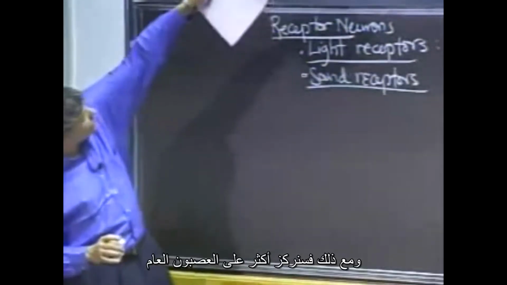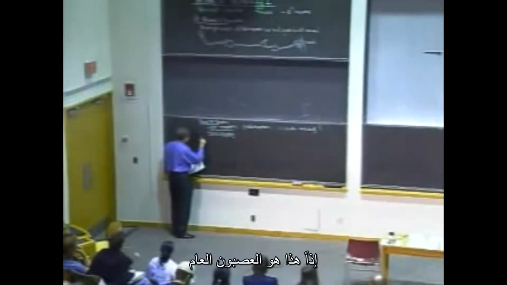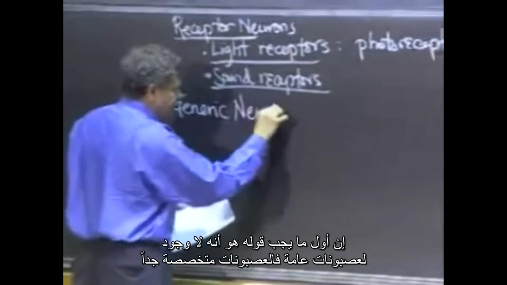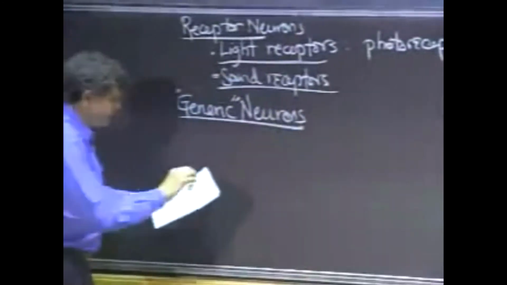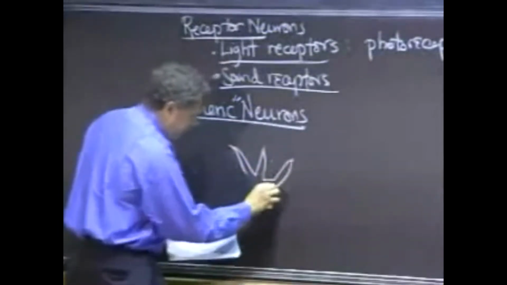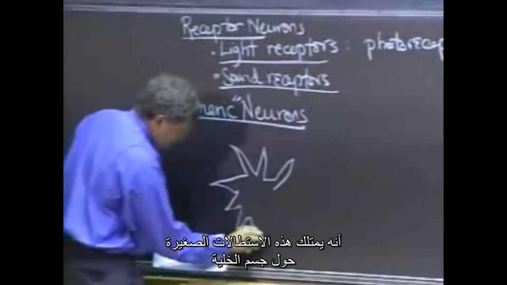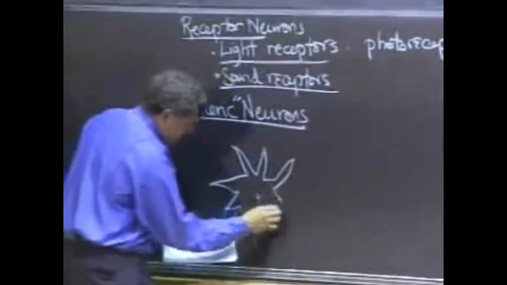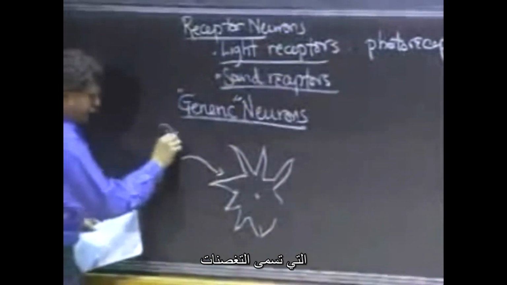We're going to focus, though, more on this intermediate step here of a generic neuron. So here's my generic neuron, and the first thing that has to be said is there are no generic neurons. Neurons are all very specific, but I'm going to just use a generic neuron for the moment. And the important features of a generic neuron here, it has these funny little processes on its cell body that are called dendrites.